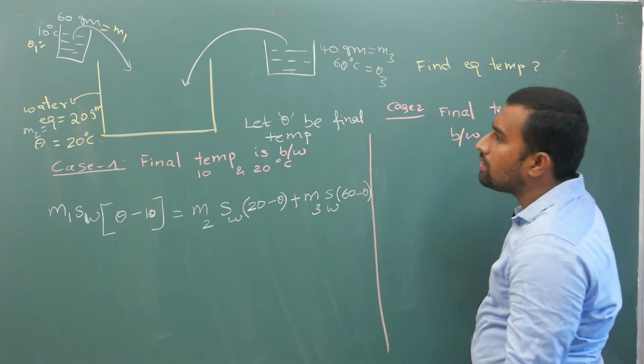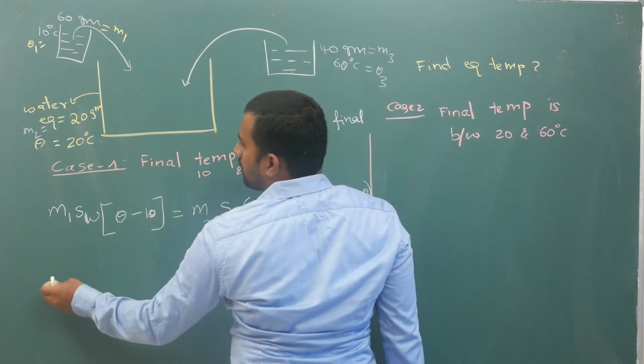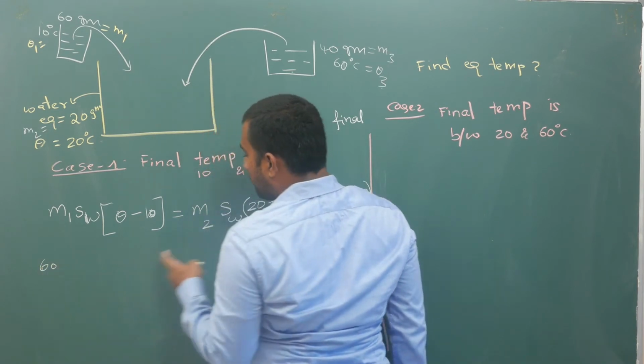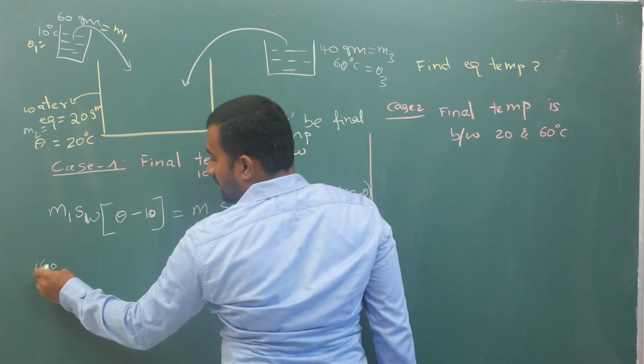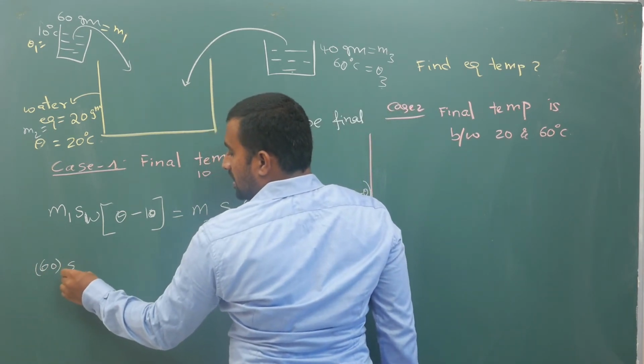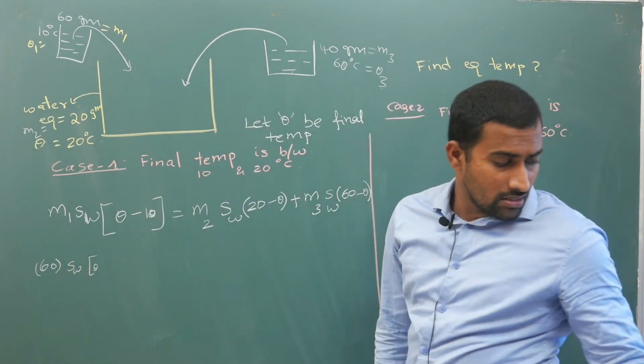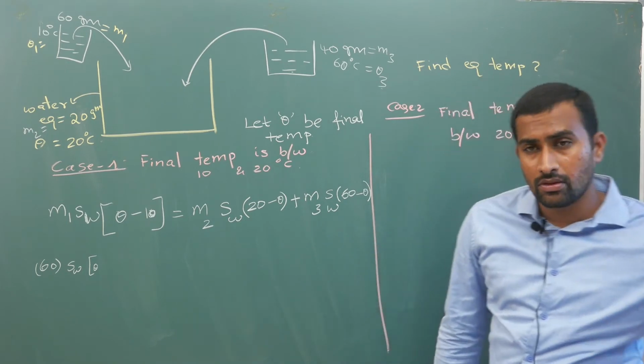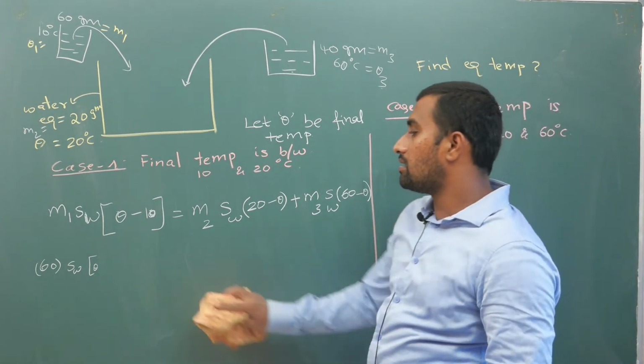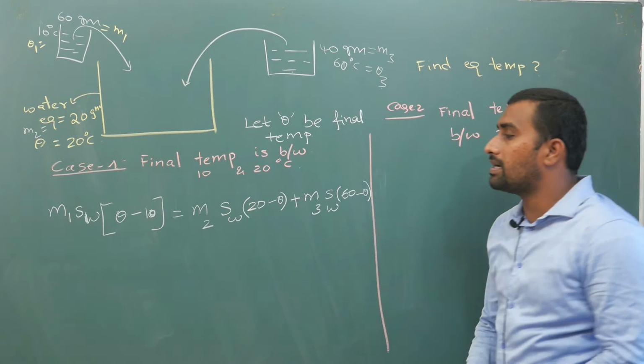So if I substitute the values, the specific heat of water term will cancel off, but still I will write 60 into specific heat of water. There is no point in writing, you can anyhow simplify. In the next step we will simplify any one equation. If you simplify, that will be balanced.